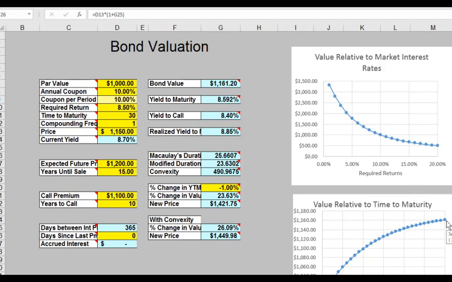And if nothing else changed, as time dwindles away, eventually this bond will have a value of $1,000. So that is the basics of determining value, measuring interest rates, talking about call premiums, talking about realized returns. So it's the basics of bond valuation.